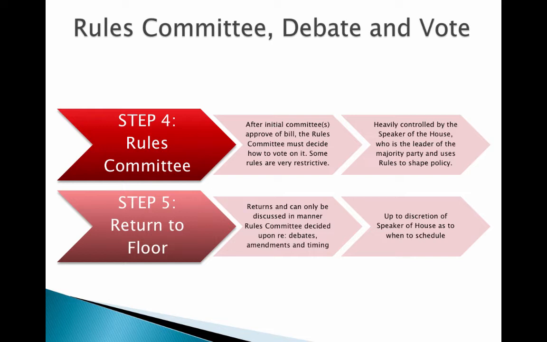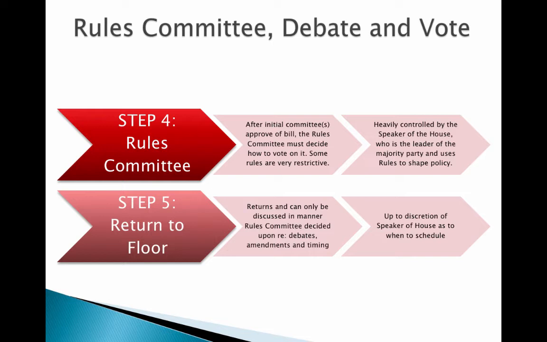So if you don't want to have debate about a bill, you just kind of want to get it through, you make it so that there's no debate, or maybe limited debate, and then there's an up or down vote. If you want to stall something out, maybe you give it unlimited debate, unlimited amendments.